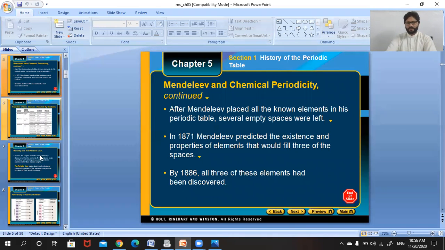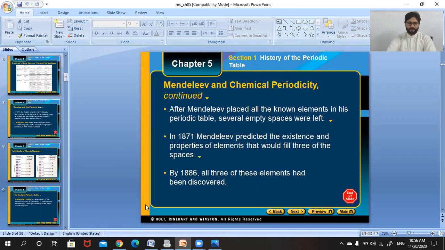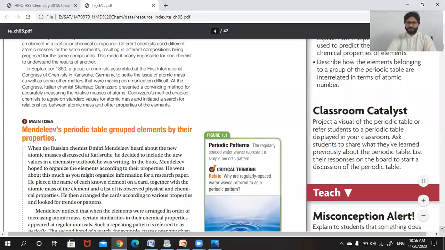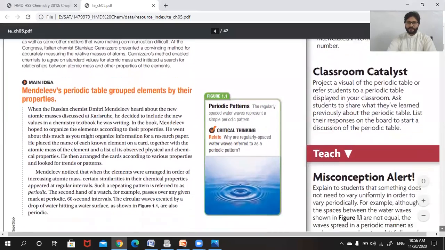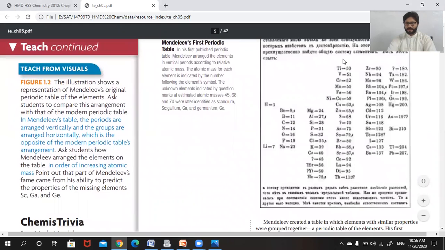Mendeleev, when he was placing the elements in his periodic table according to increasing atomic mass, noticed he placed iodine before tellurium. If you look into his periodic table, it is over here. So in this case, elements are arranged according to their increasing atomic mass.